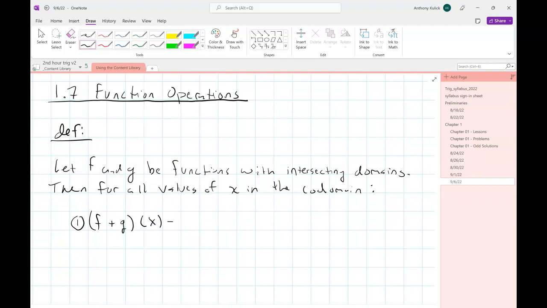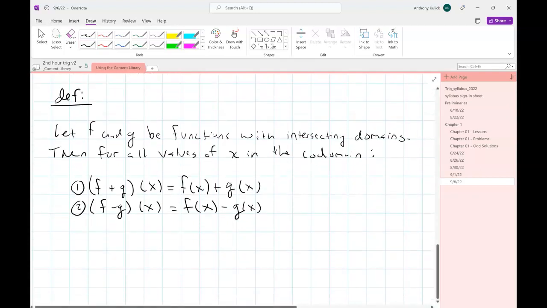we can say the sum of two functions we can compute by just doing f of x plus g of x. And the difference of two functions would be f of x minus g of x.